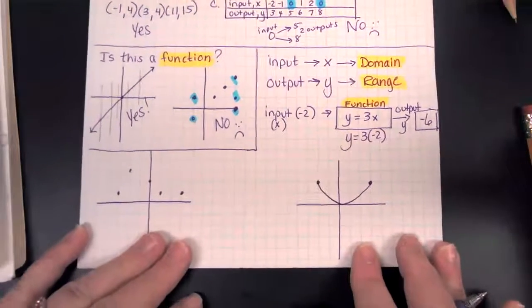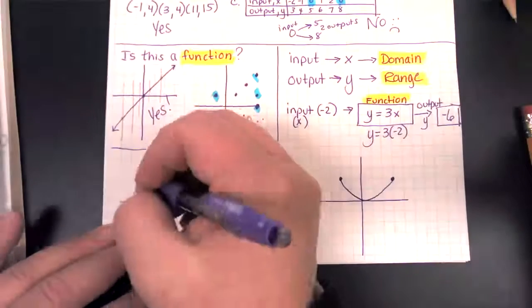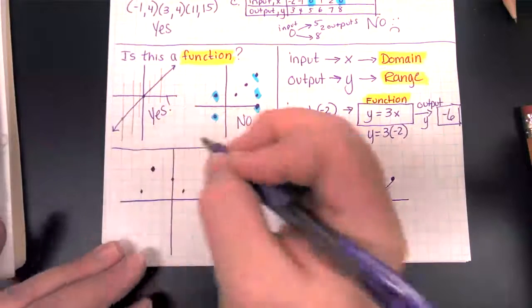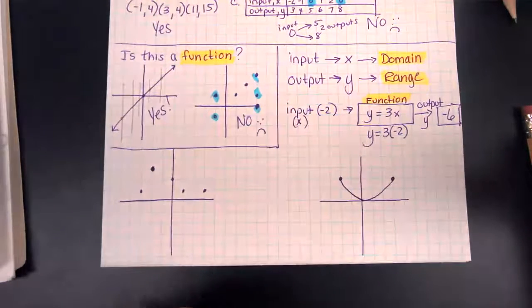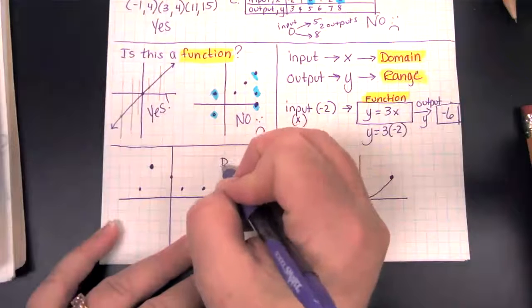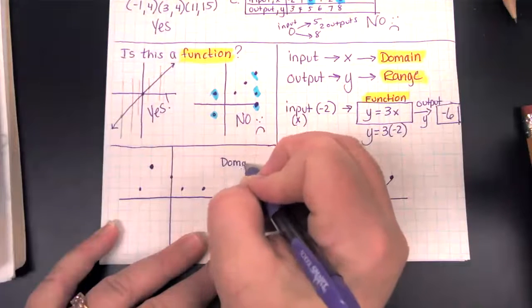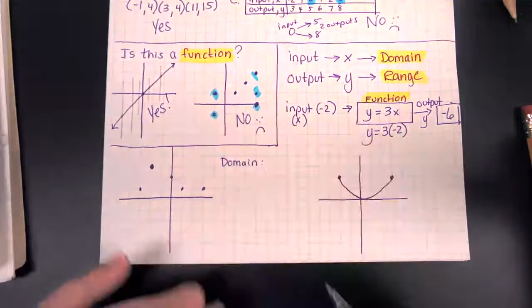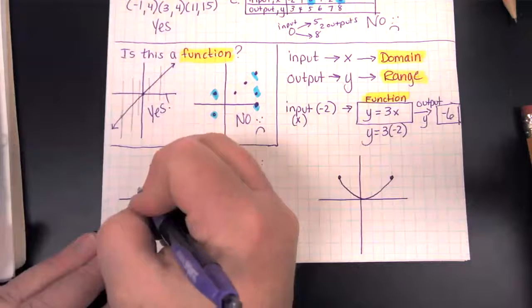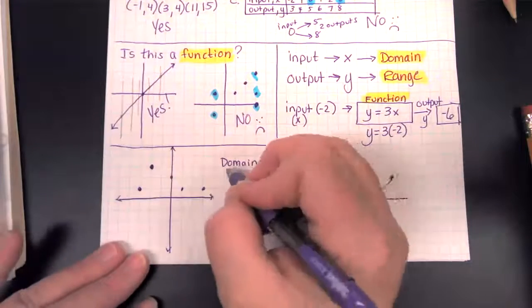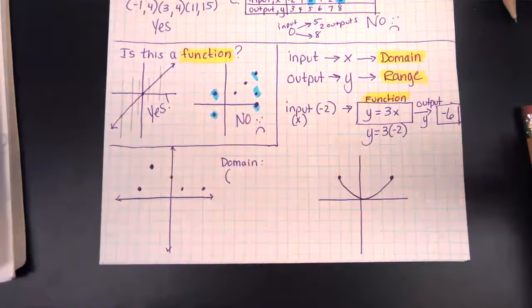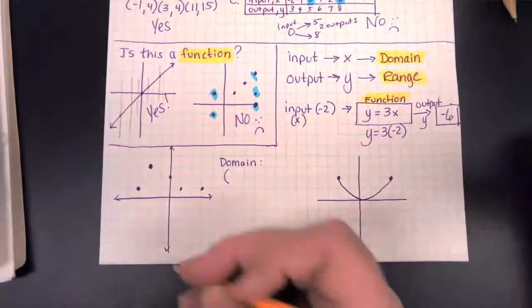Okay, let's talk about domain and range. So let's look at my domain. Now you can do this a couple of different ways. My domain is where on the x-axis. Okay, well, just use my pencil.